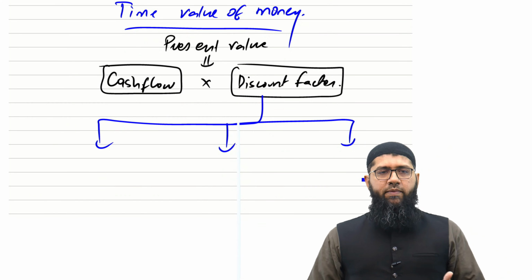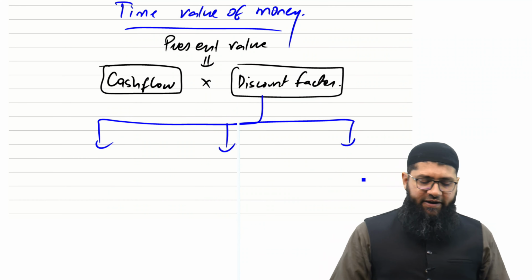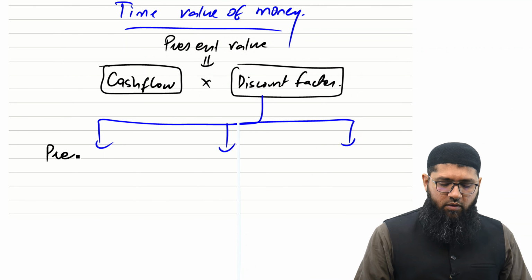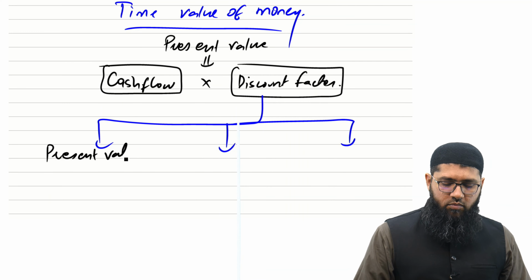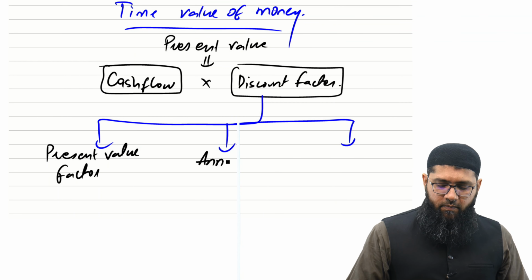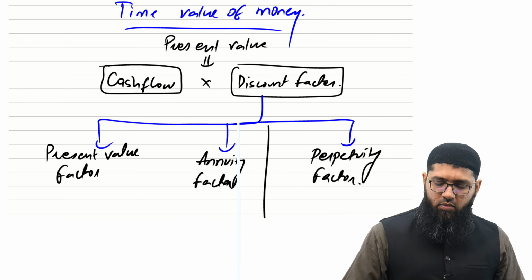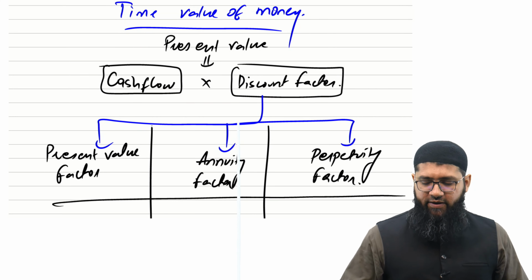You are being given the tables for the discount factors in the exam, and these 3 discount factors are called present value factor, annuity factor, and perpetuity factor.